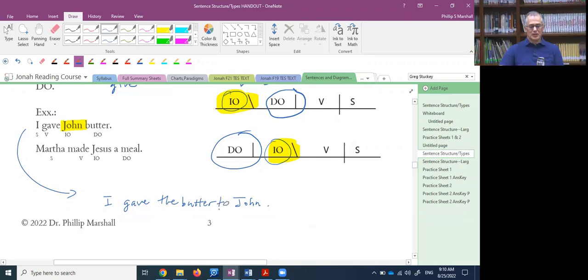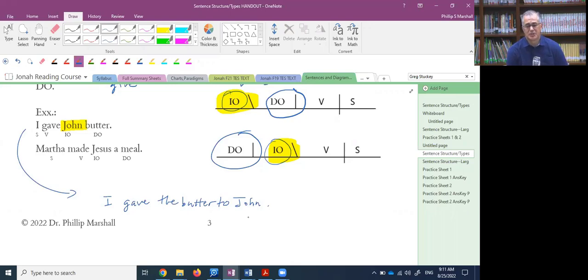So did you know that there is a kind of rule in our grammatical structure in English that requires a preposition with the indirect object if it goes after the direct object, and not so if it goes before? So I gave the butter to John, right? Or I gave John the butter.